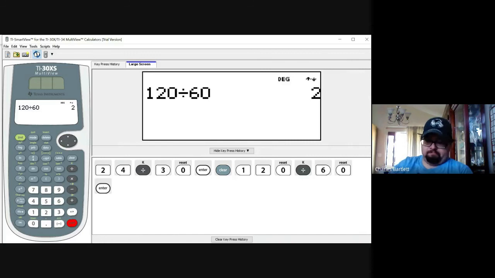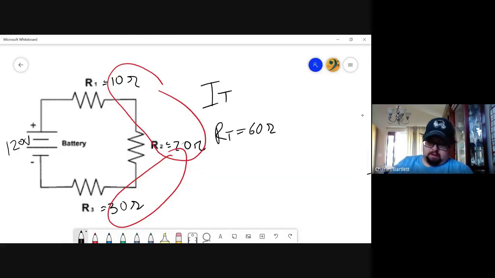Equals 2. So our IT equals 2 amps. And hopefully you guys are following along to see how I got that.